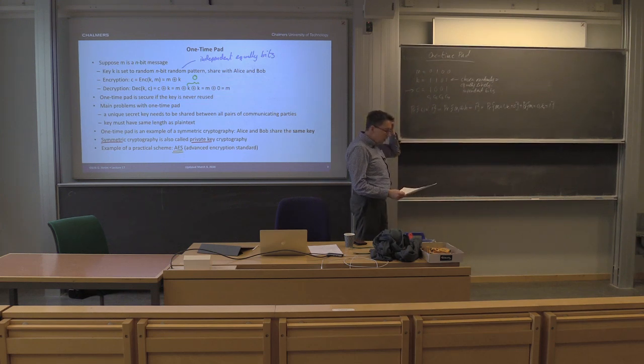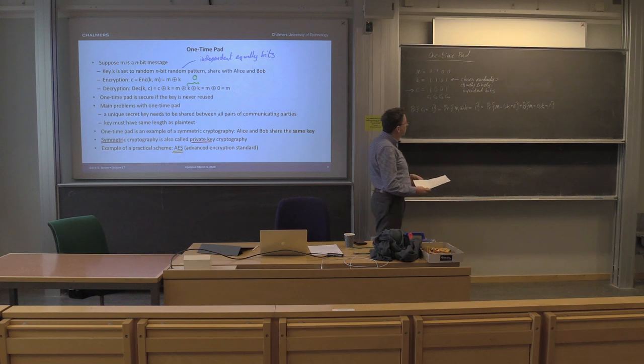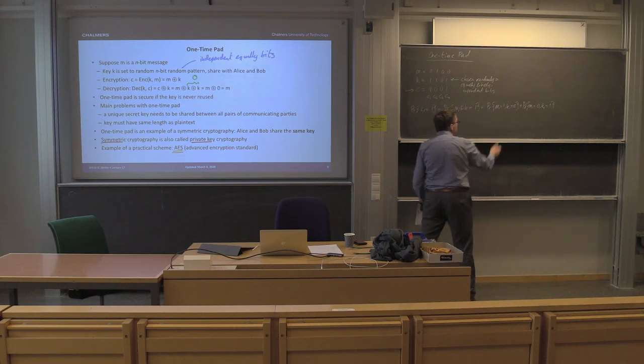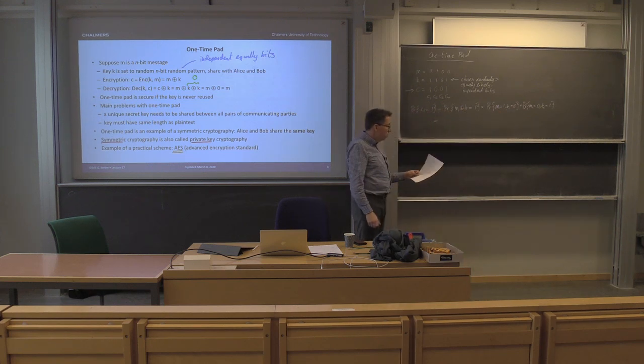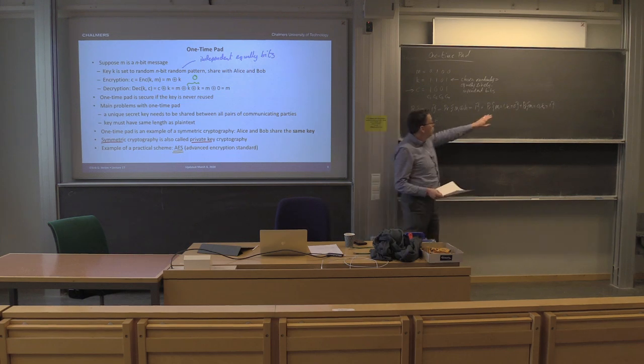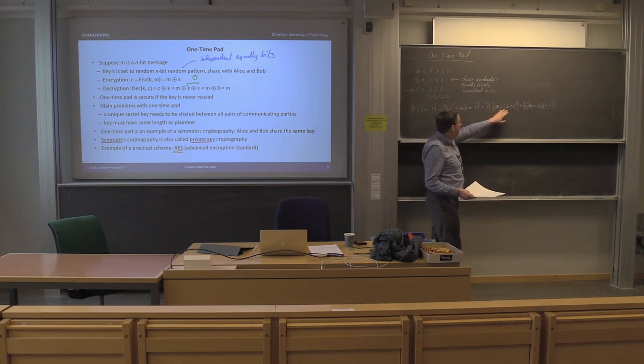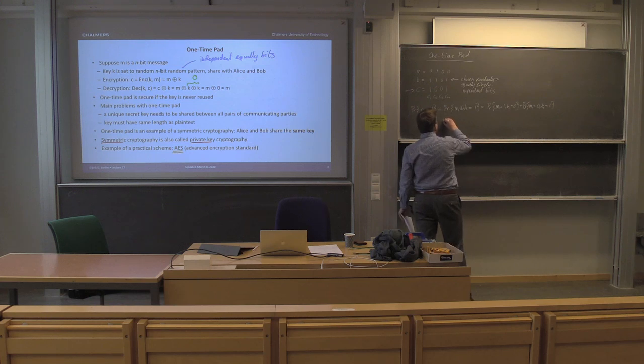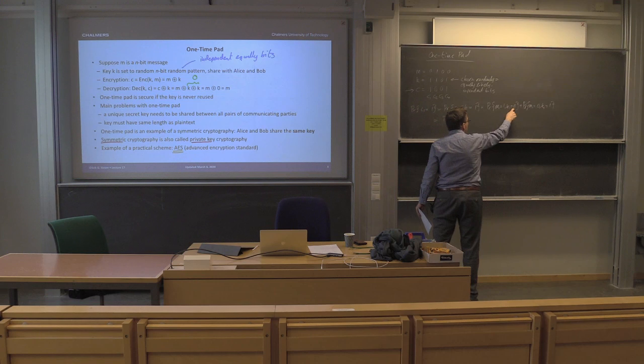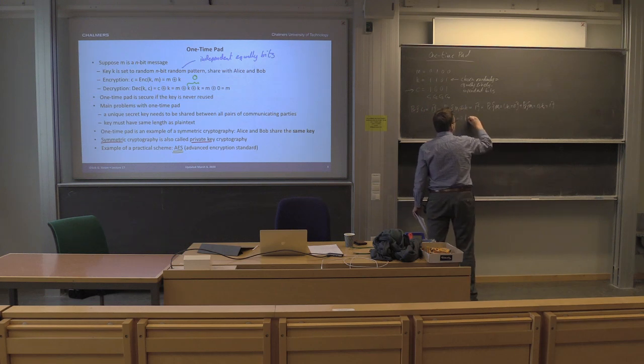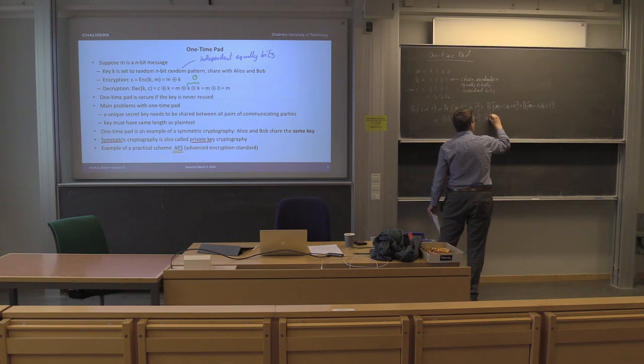Okay, so can we say something about this? Anything further? Well, we can. So let's look at this probability first, and then condition on the value of M1. We can write this joint probability as the probability that K1 is equal to 0, given that M1 is equal to 1, times the probability that M1 is equal to 1.